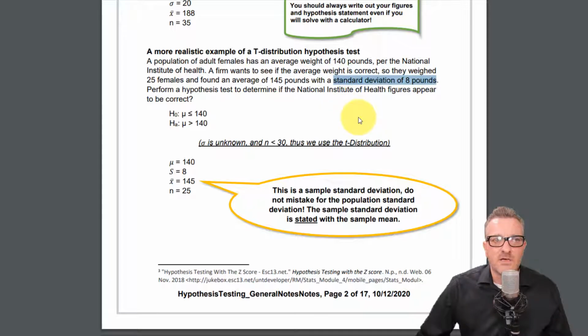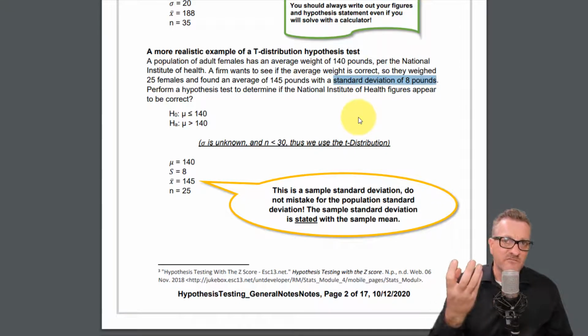Okay. So when I do these questions, I usually put population data first, sample data second, and when I have a sentence and I say that there is a sample mean, and then I say and a standard deviation of this, what I mean is that that's the sample standard deviation.